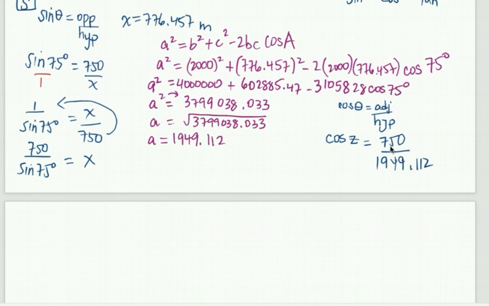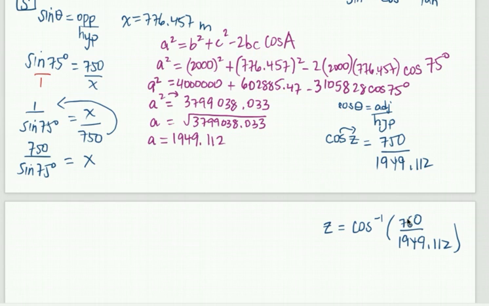All right, so in order to get z, we need to move the cosine over. So when we do that, think of it as the opposite of cosine is the inverse cosine. So you're going to take the inverse cosine of 750 over the hypotenuse.